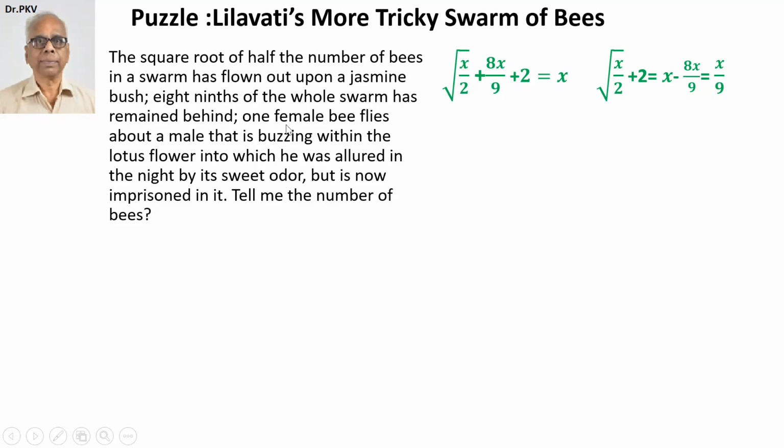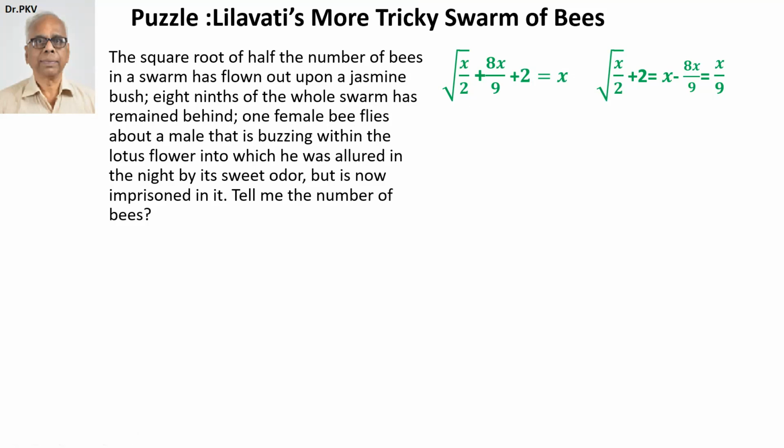One female bee flies about a male that is buzzing within a lotus flower and got allured in the night by its sweet odor, but is now imprisoned in it. Therefore, the total here is one female bee flying over a male, so 1 plus 1 is 2. So root of X by 2 plus 8X by 9 plus 2 is equal to X.